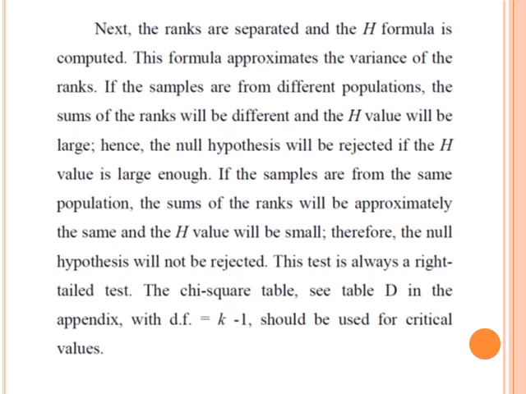So we use this rule in the fourth step, which is the decision step. If we find that the value obtained is large because of the difference in the values of the ranks, and the value of the formula for the Kruskal-Wallis test is very large, then the null hypothesis will be rejected if H is large enough.